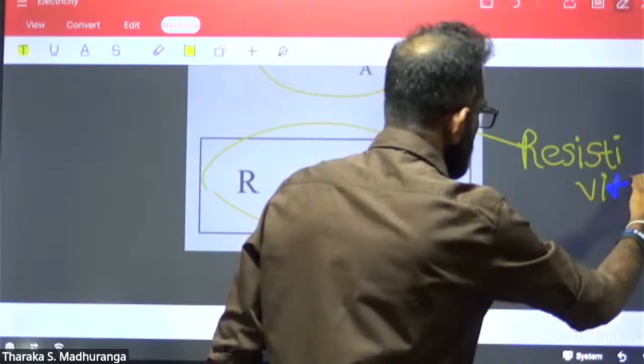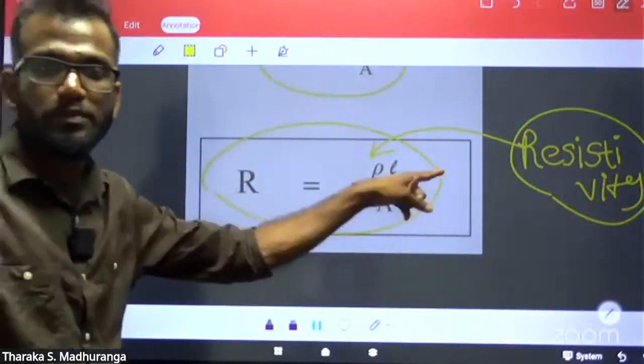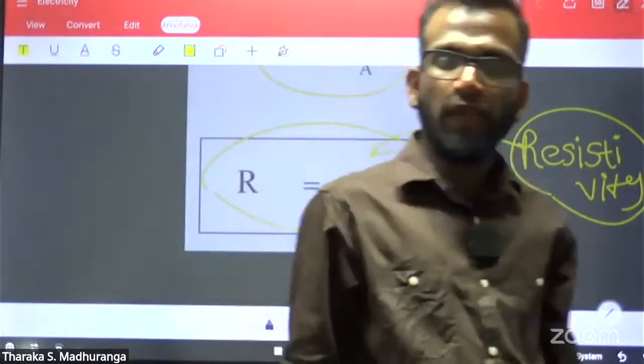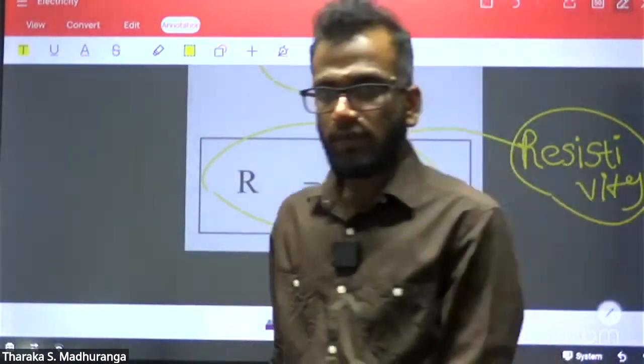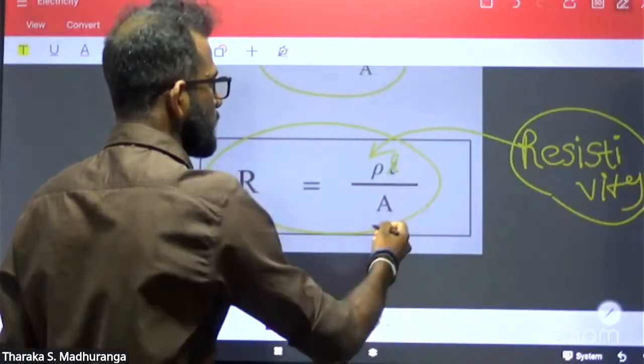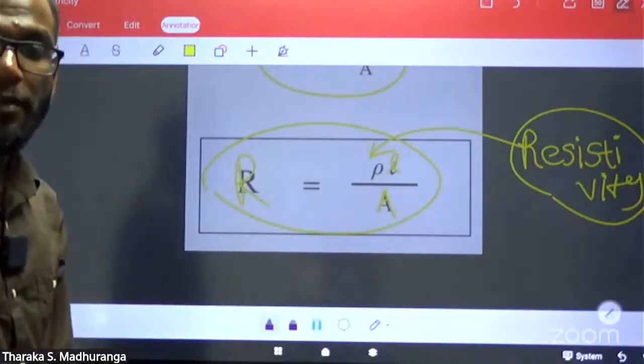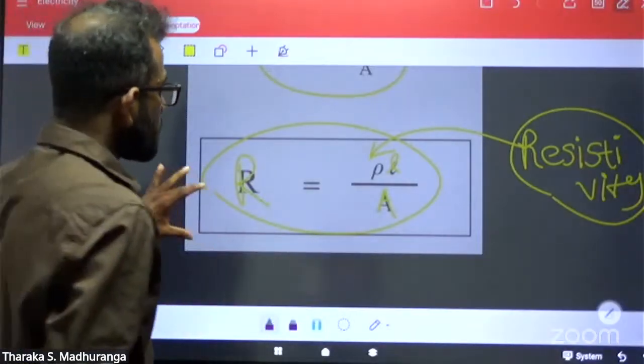Remember, resistivity of the conductor is a factor dependent on the material type. The others, length, area, are internal factors.